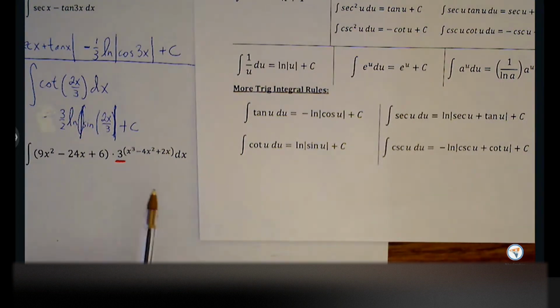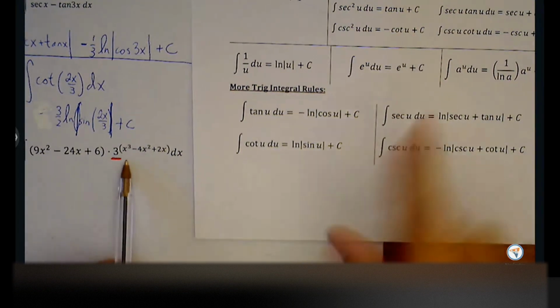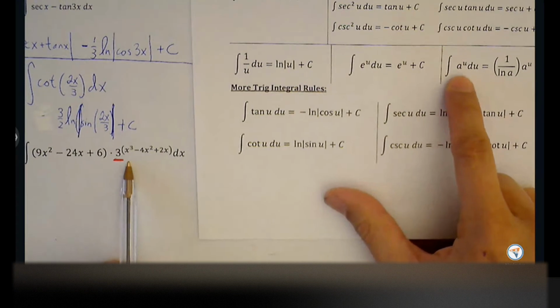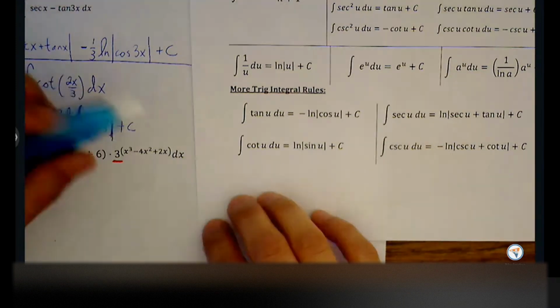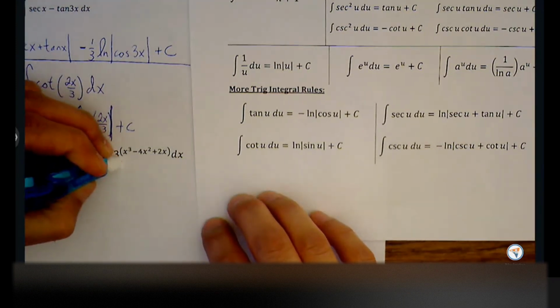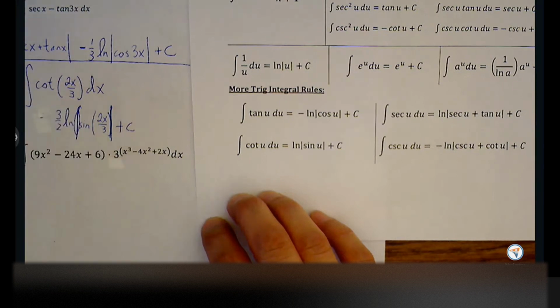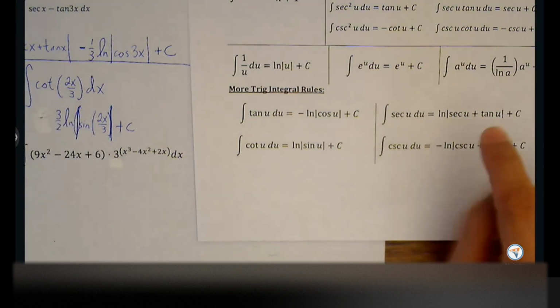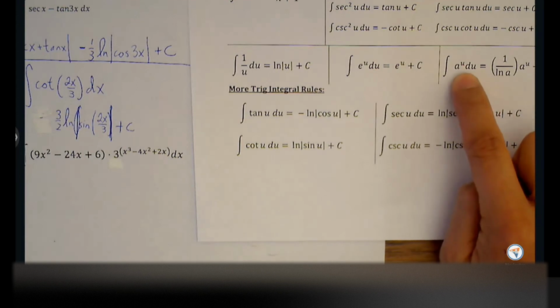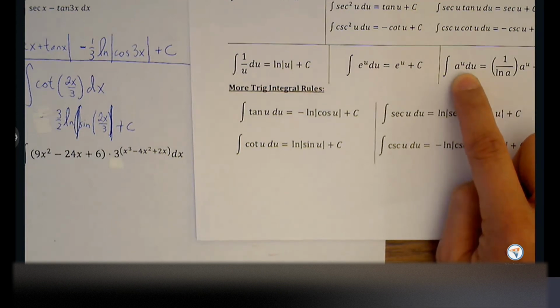If we're trying to match this with this rule, then what's our u value? Would the u be the equation in the exponent?